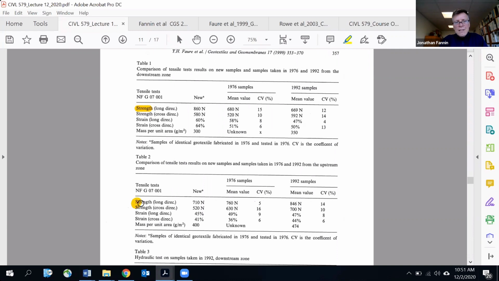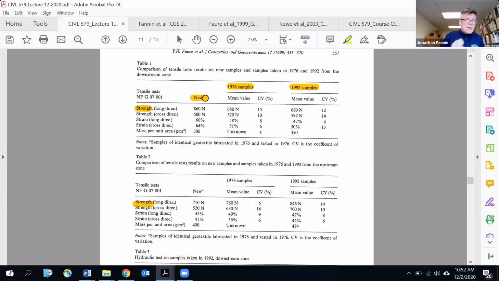We have specimens exhumed in 1976, specimens exhumed in 1992. And what are they going to be compared against? They're compared against specimens that were acquired in 1976, but had not been used in construction. That's what the little footnote means there.